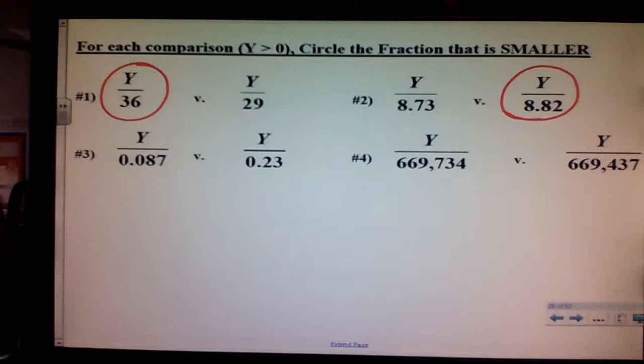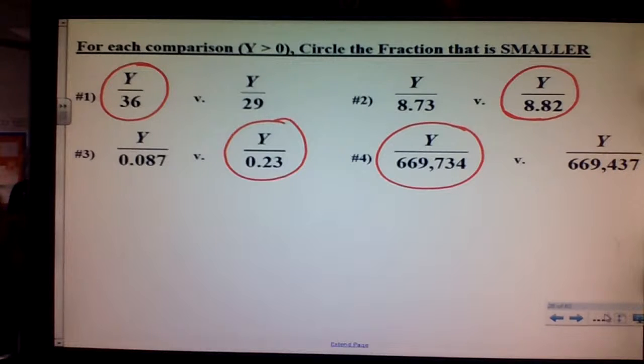There you go. 0.23. There we go. 734. So again, you want the smaller number, you want to divide by a bigger number. It's always opposite of what you want.